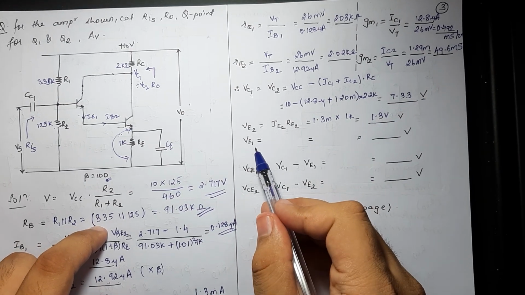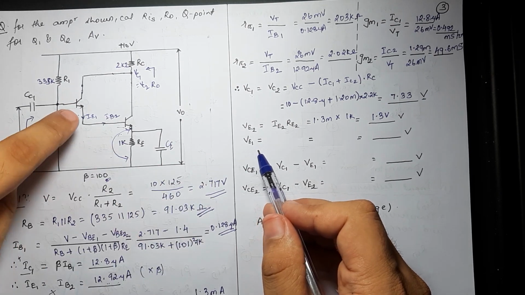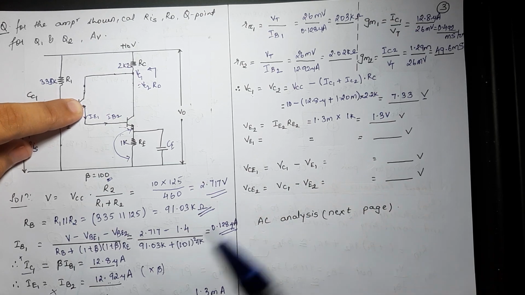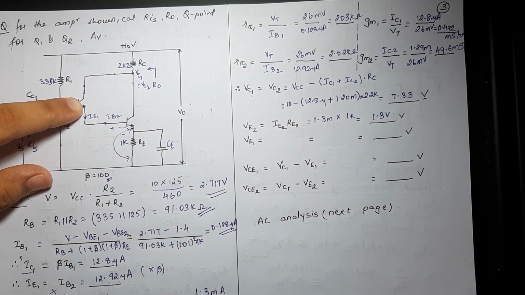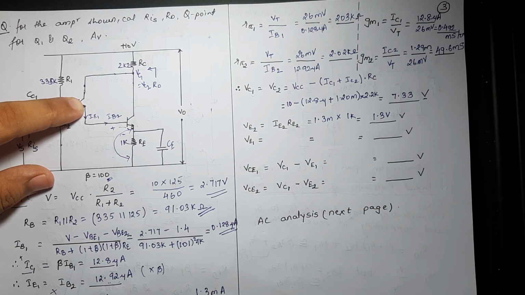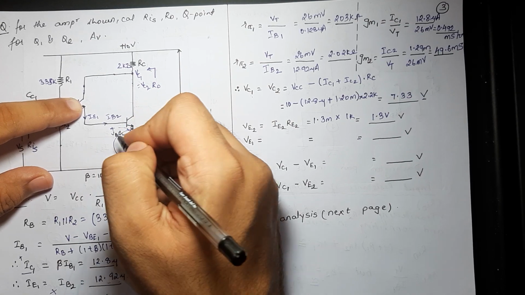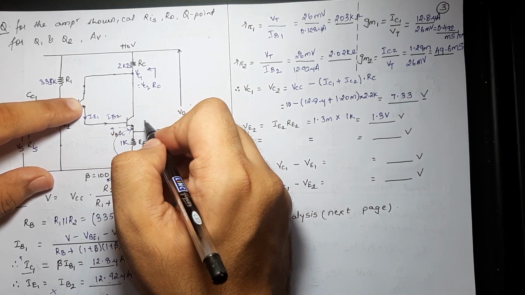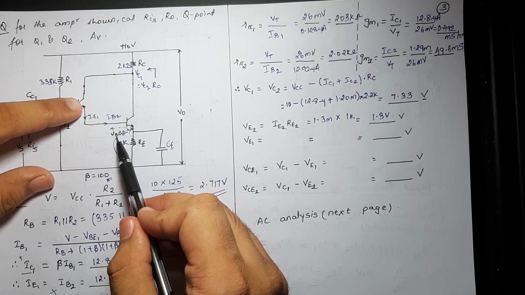If I consider VE1 over here, which is nothing but the emitter voltage at this point, if you look carefully, we write plus minus over here, as we used to write VBE. Since this is the second transistor, I'll be having VBE2. Now, the value of VBE is generally given as 0.7.